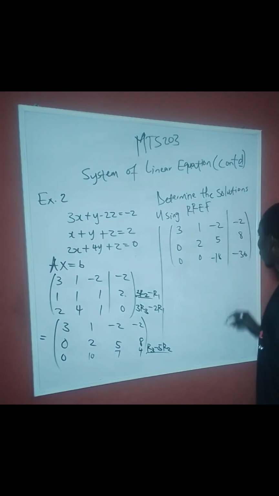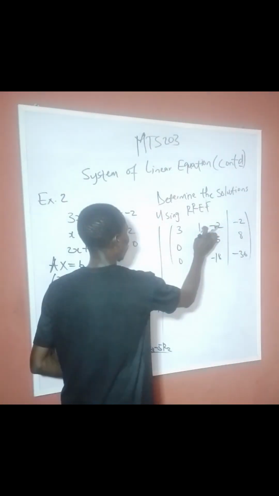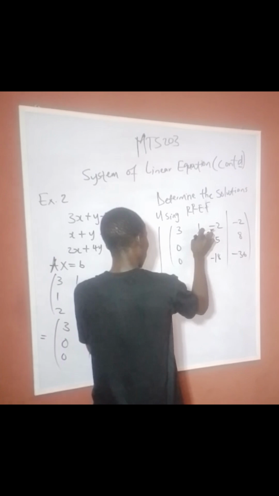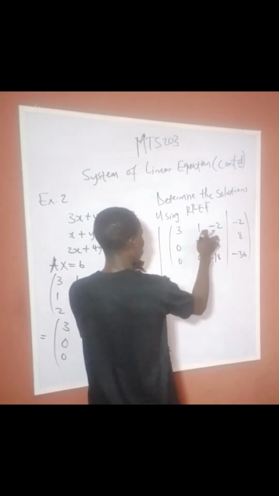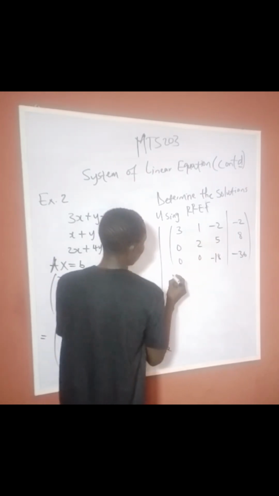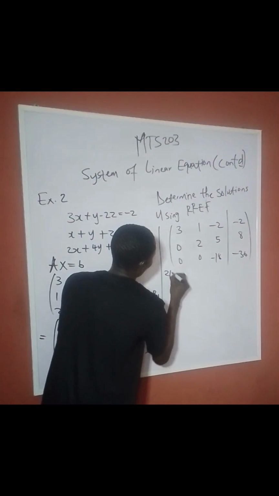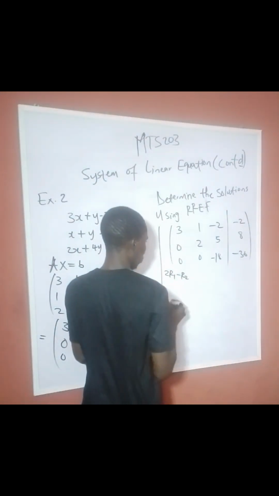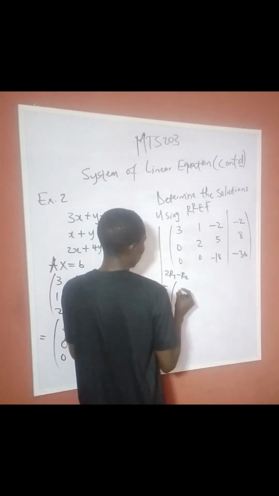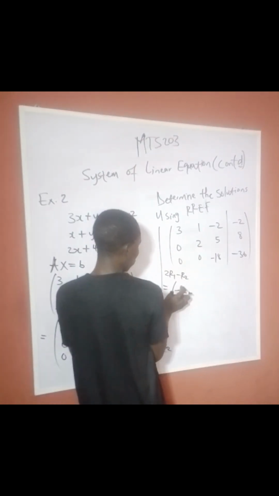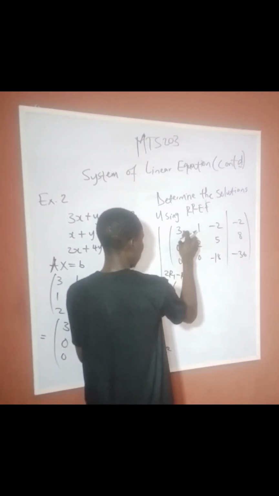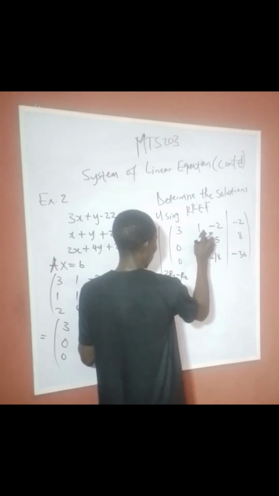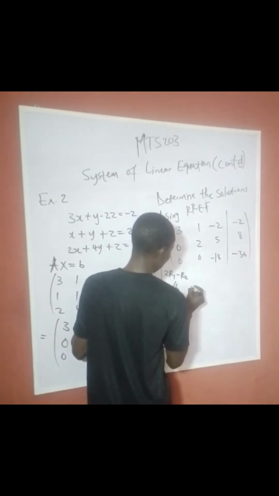And how do I achieve that? For me to reduce my 1 here, what can I do? I can just say 2 times row 1 minus row 2, and that will give me: 2 times 3 is 6, 6 minus 0 is 6; 2 times 1 is 2, 2 minus 2 is 0.